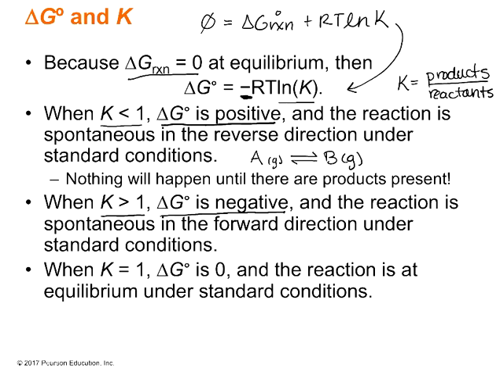It occurs to a significant extent. And then if K is equal to 1, then the natural log of K will be 0. So delta G will be 0, and the reaction is at equilibrium, like we said before. Of course, in this particular case, the reaction will be at equilibrium under standard conditions.